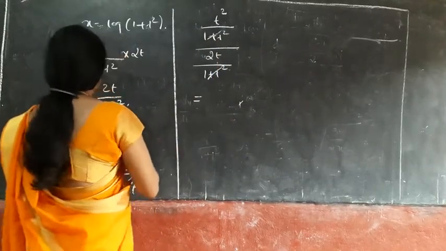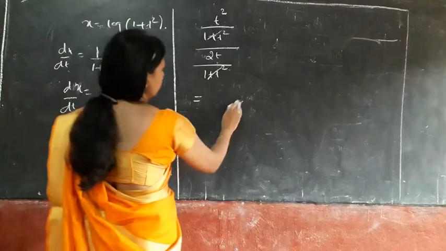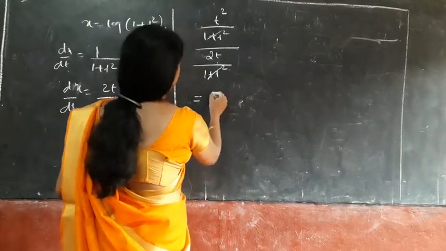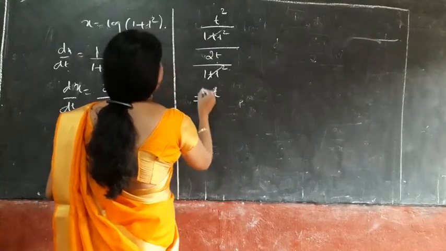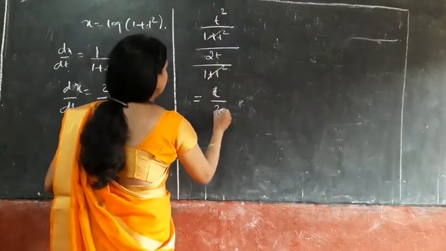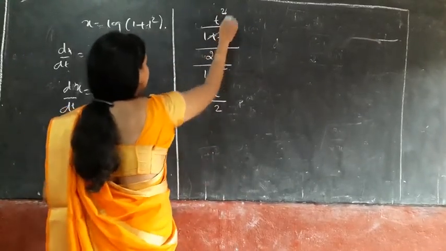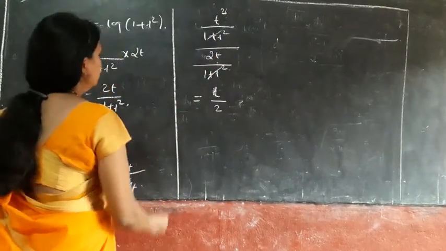We get t/2, one t gets cancelled. We get t/2.